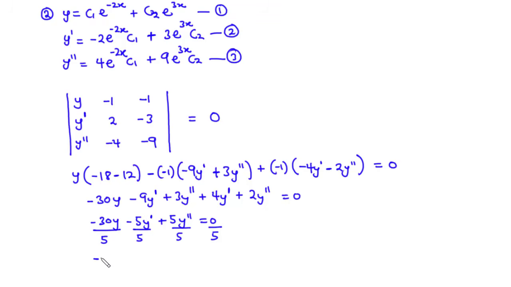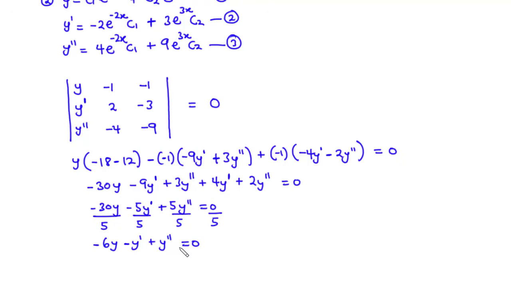Then we have negative 6y minus y' plus y'' equals 0. So we can further represent this as y'' minus y' minus 6y equals 0. So this is the differential equation after removing c1 and c2.